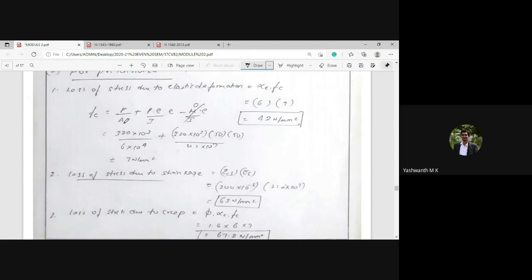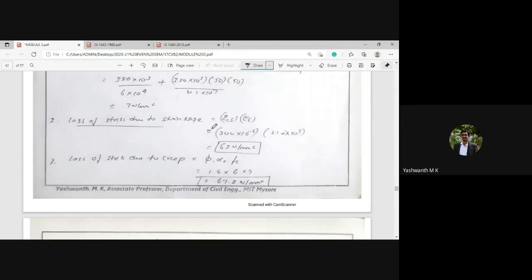So all the parameters, that is A, I, E, should be in millimeters, and the pre-stressing force should be in Newton. Then you will get the answer in Newton per millimeter square. Now you got 7. Substitute here. You already know the modular ratio is 6. So 6 multiplied by 7, 42 Newton per millimeter square, will be the loss of pre-stress due to elastic deformation of concrete in the case of pre-tension PSCB.